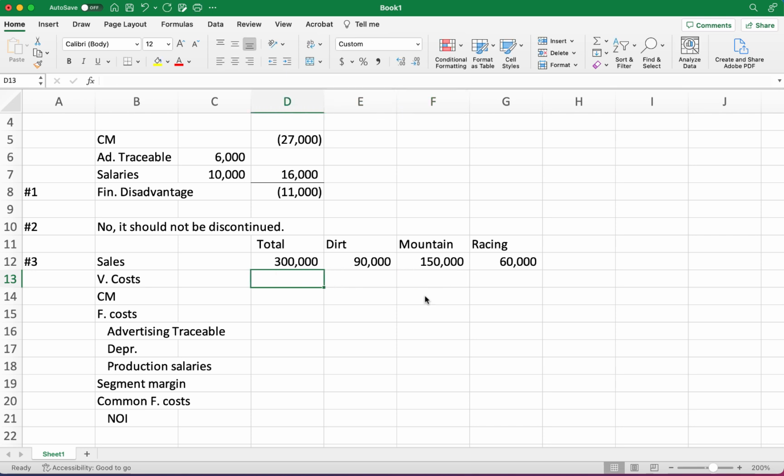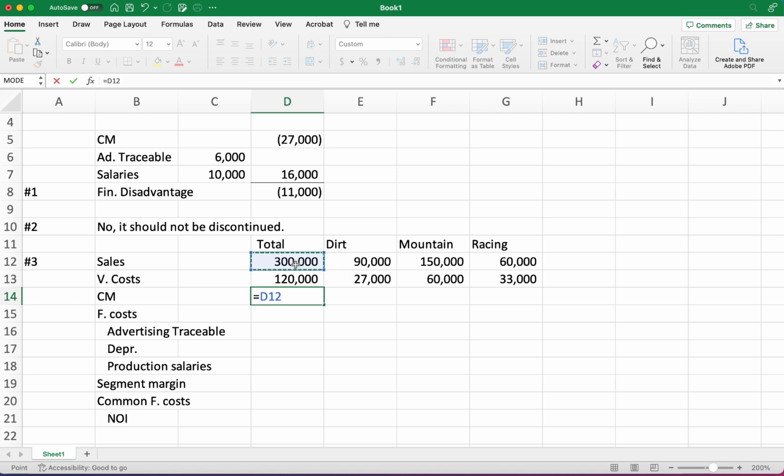The variable cost in total is $120,000. The variable cost for the dirt bike division is $27,000. $60,000 for the mountain bike division, and we know that the racing product line has $33,000 of variable costs. We can then go ahead and calculate the contribution margin in total and per unit.